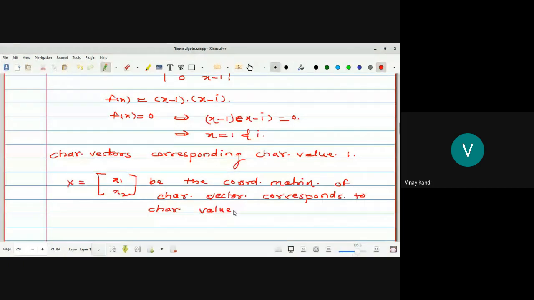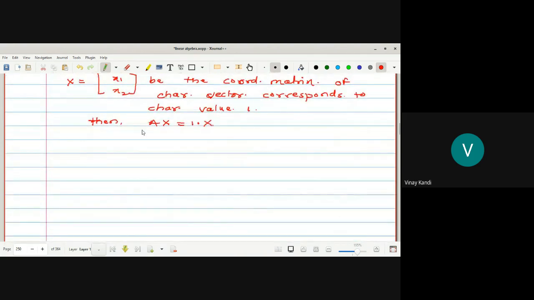Then by the definition of characteristic vector, A into X is equal to 1 into X. A is 1, 0, 0, r, times x1, x2, which is equal to 1 into x1, x2. Any doubt up to here?